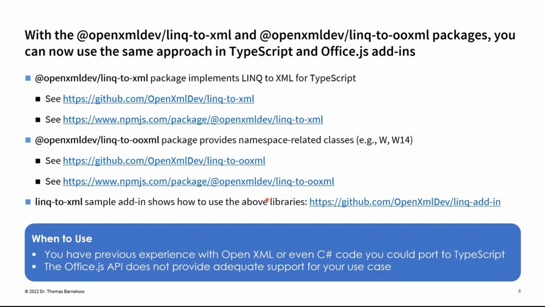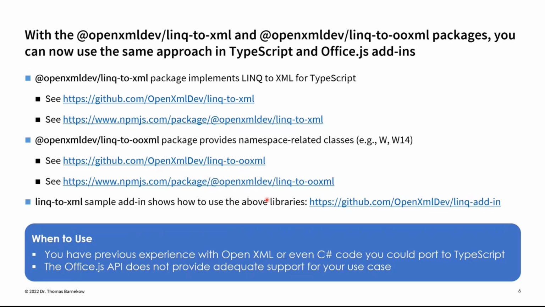To understand when to use this, this is a very good approach for everybody having previous experience with Open XML, and ideally also the C# way of using the linq-to-xml package and the namespaces in Open XML.